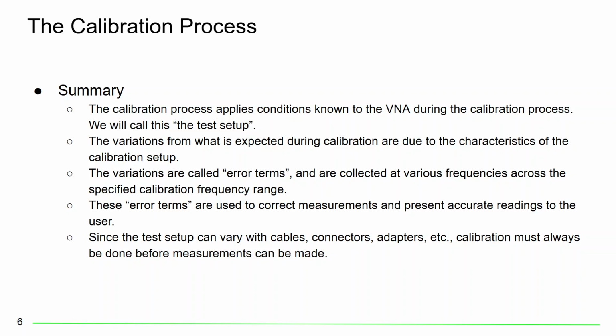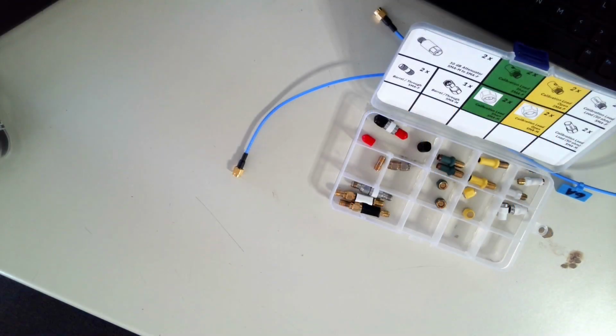These variations are referred to as error terms and are collected at various frequencies across the specified calibration frequency range. These error terms are used to correct measurements and present accurate readings to the user. Since the test setup can vary with cables, connectors, adapters, and so on, calibration must always be done before measurements can be made.